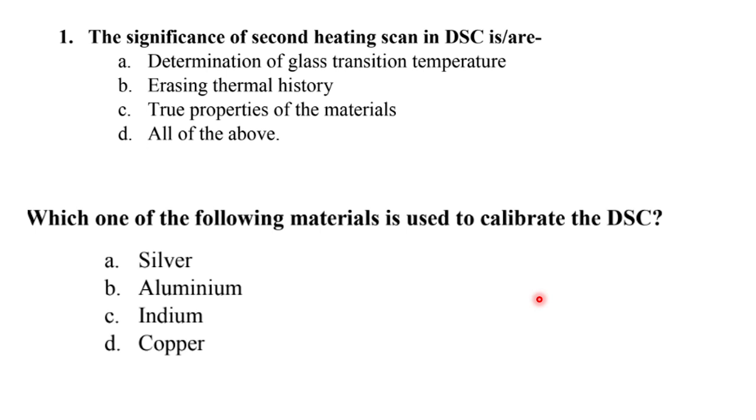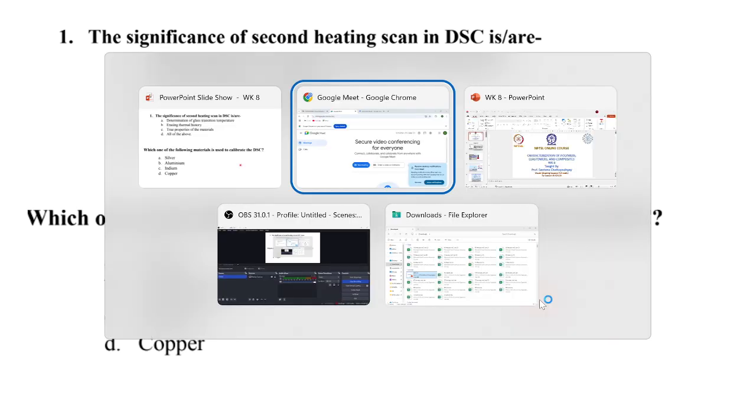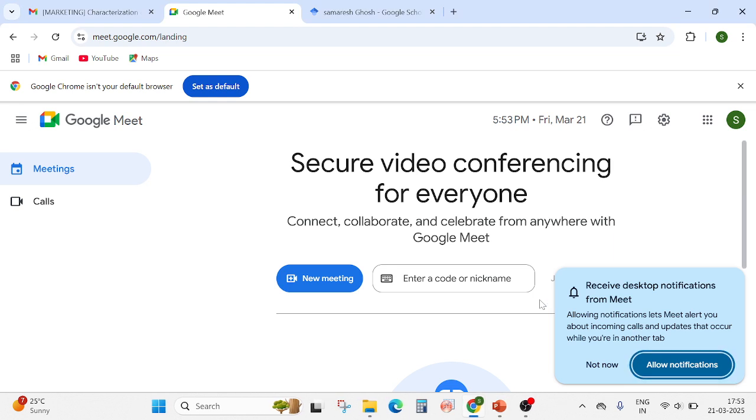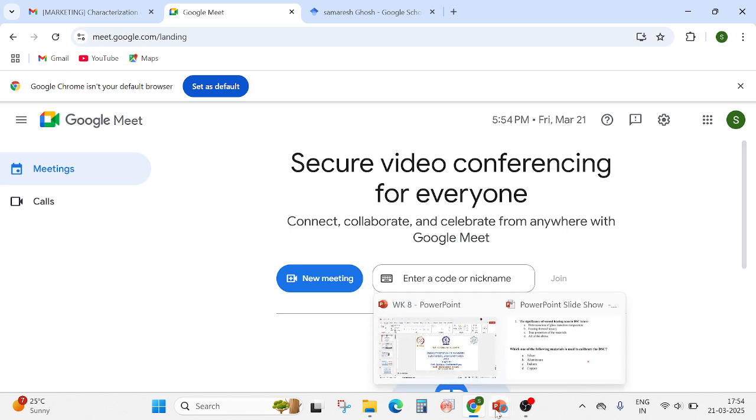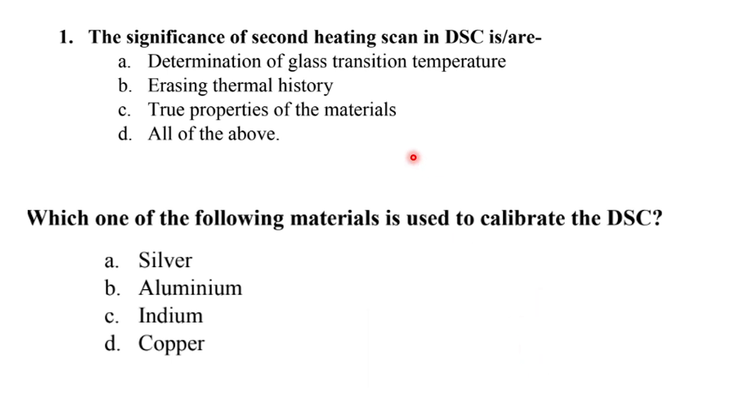These are a few questions. The first one is the significance of the second heating scan in DSC. Actually, it is better to take the DSC data from the third cycle.